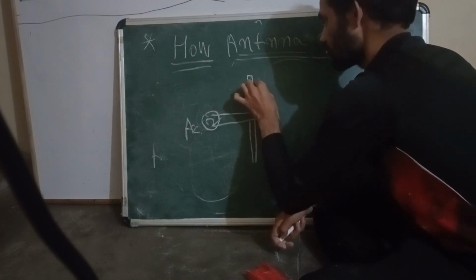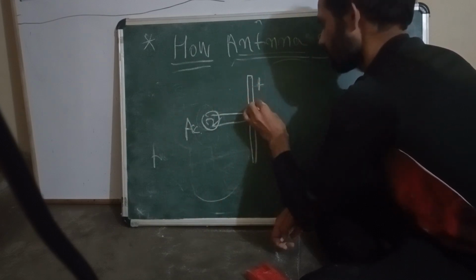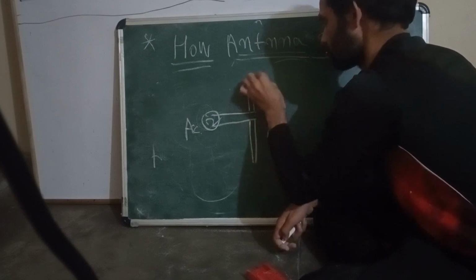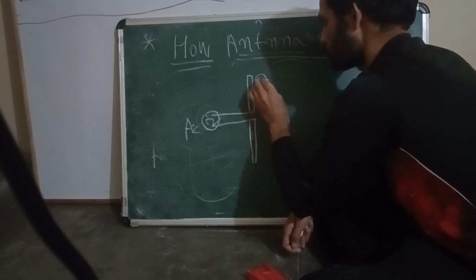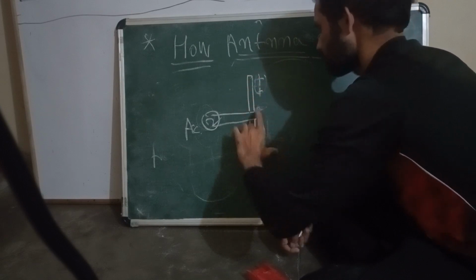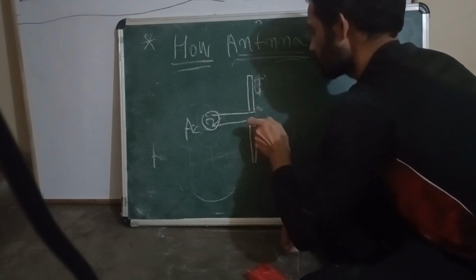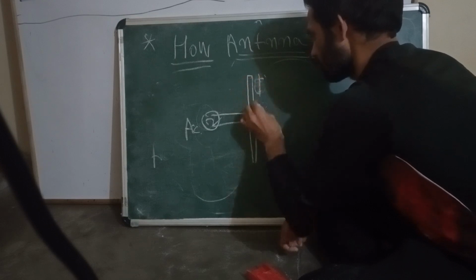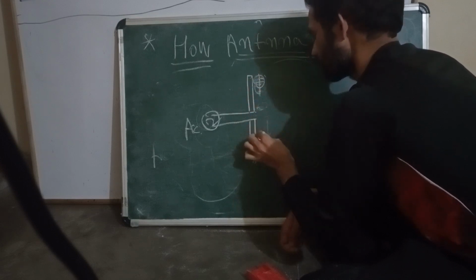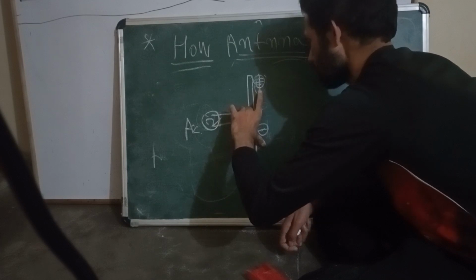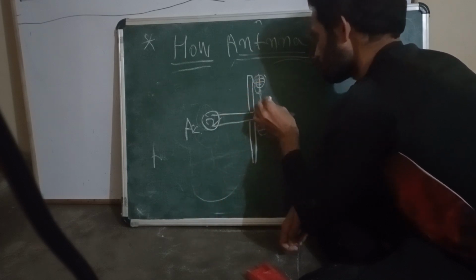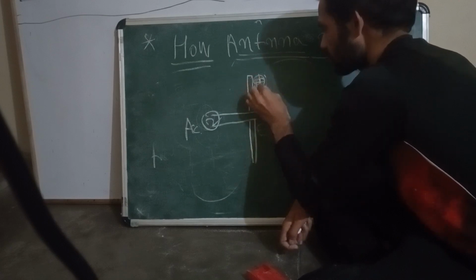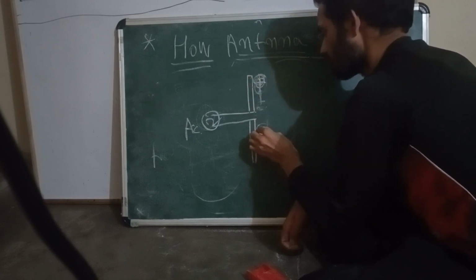Now let's say these charges are positive, negative, positive, negative. When the charges move closer to each other, let's say there is only positive charge and only negative charge, when they come closer to each other, here positive charge, here negative charge.